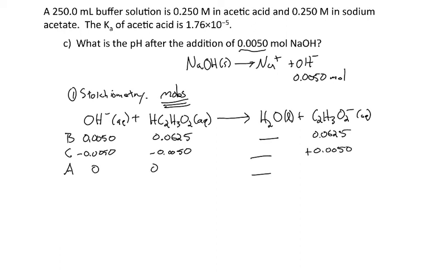I've reduced my amount of acetic acid somewhat, and I've increased my amount of acetate ion. All right, and so we figured out the stoichiometry part of the problem. So step 2 is the equilibrium part, and I'll use the new amounts of weak acid and the conjugate base, and we'll do that on the next slide.